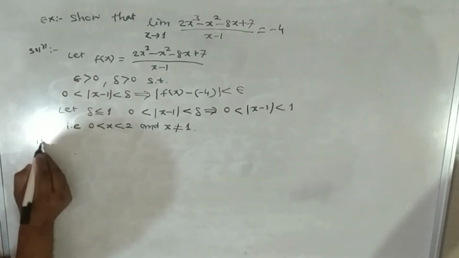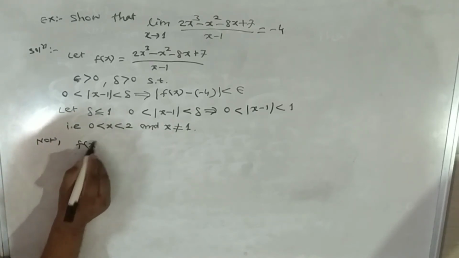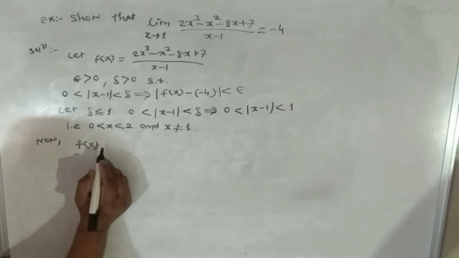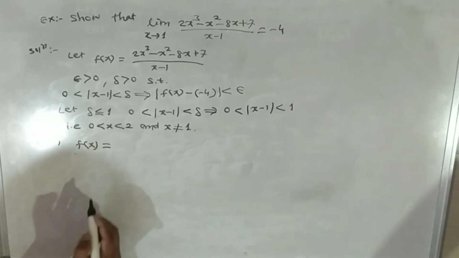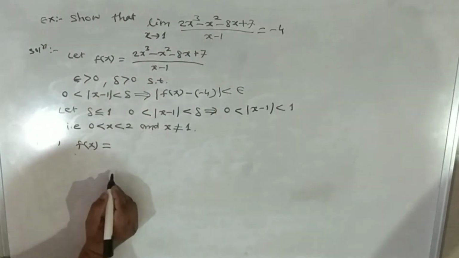Now what do you have? Now this function f of x can be written as 2x cube minus x square minus 8x plus 7.